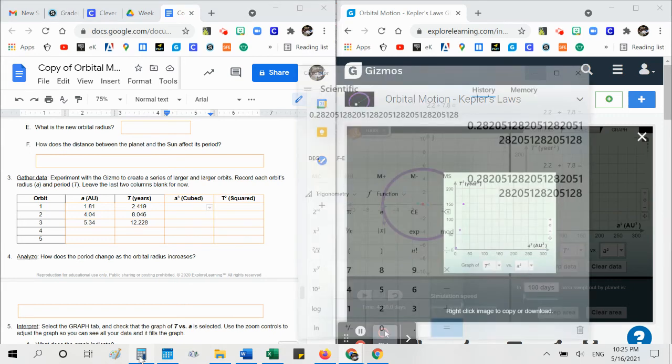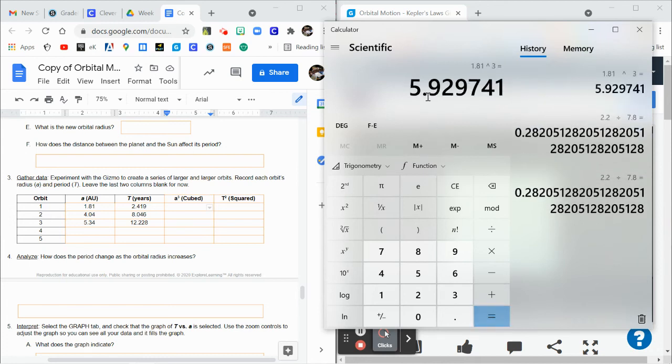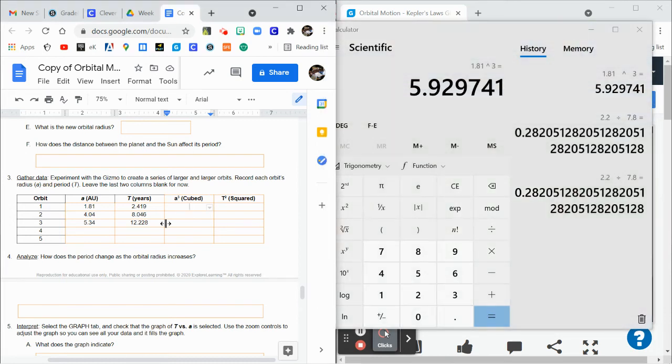So now we're gonna get a calculator, and let's see, 1.81 cubed. So 5.93. Okay, so 5.93.